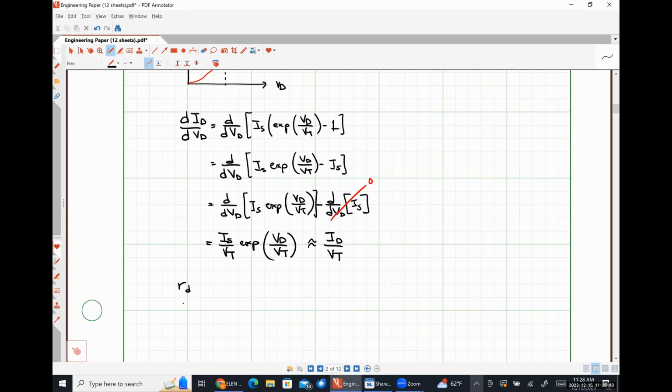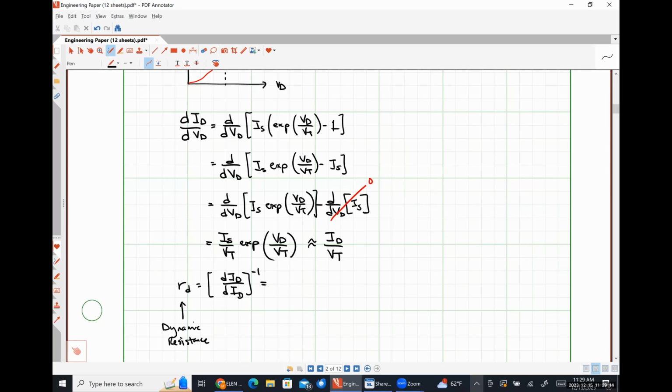All right, so we are going to define the dynamic resistance of a diode, lowercase r sub d, as the derivative of our diode current with respect to our diode voltage. And we're going to take the reciprocal of that, because resistance should be change in voltage over change in current, and we did everything with change in current over change in voltage.